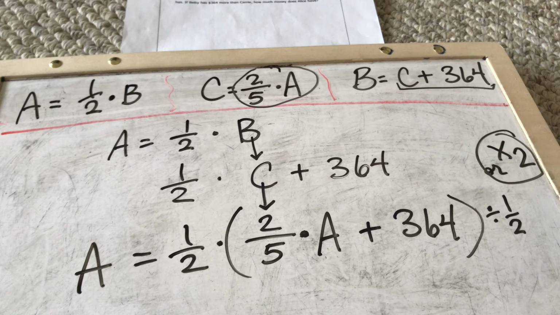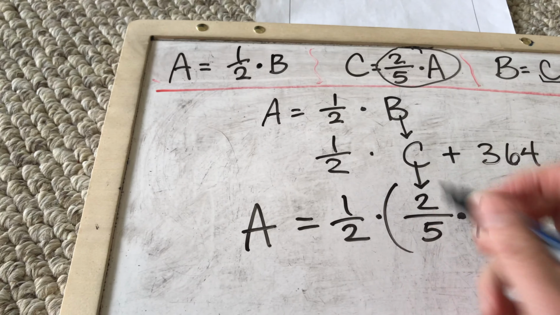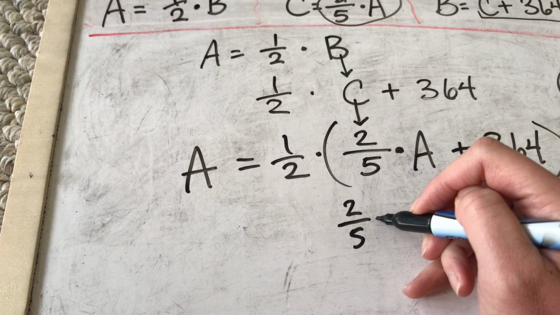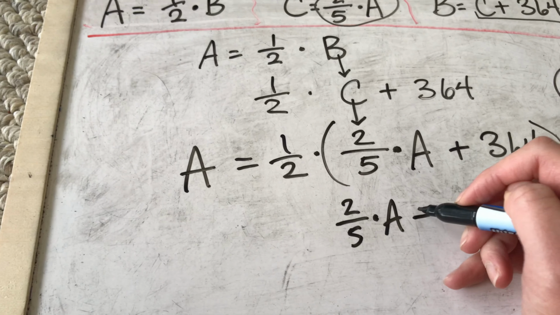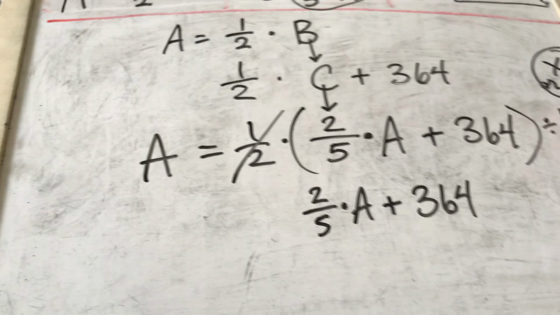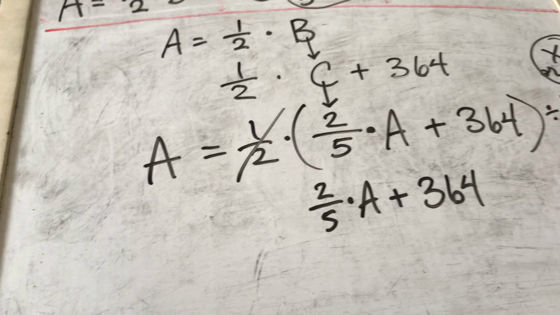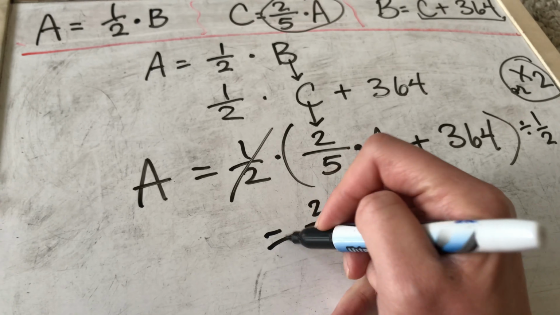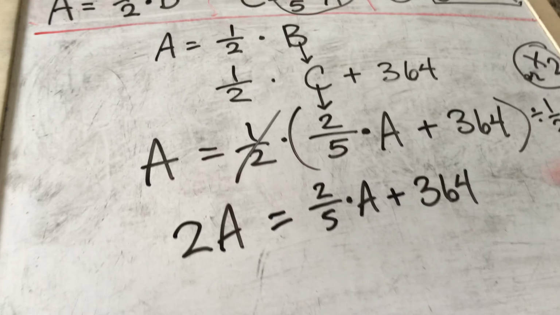Okay, so if you're going to do that, then the half is gone and you're left with 2/5 times A plus 364, because we got rid of this half. If I multiply by 2, I also have to multiply by 2 on the other side. So A times 2 is equal to 2A.